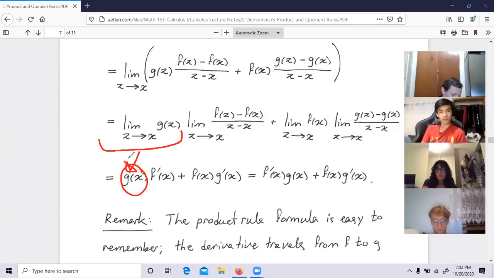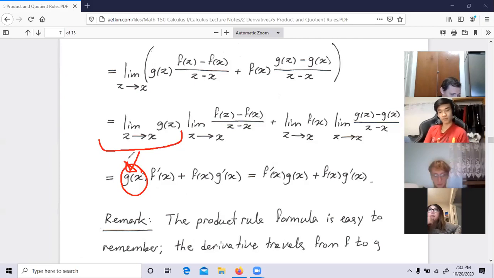Because z is getting closer and closer to x, so that's what you plug in. That's very tempting, but be careful. We remember that limits are not the same as plugging in, yes?